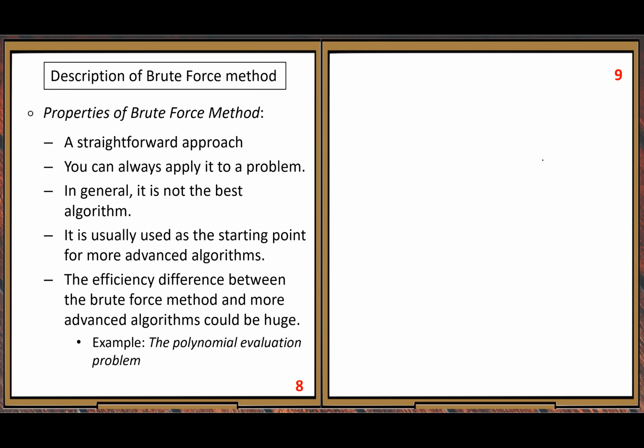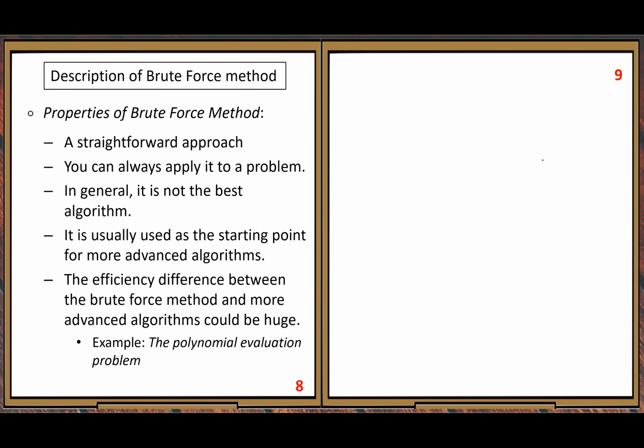So we can use our polynomial evaluation problem. Before we learn Horner's rule, that's the brute force method. After we learn Horner's rule, we compare their efficiencies.